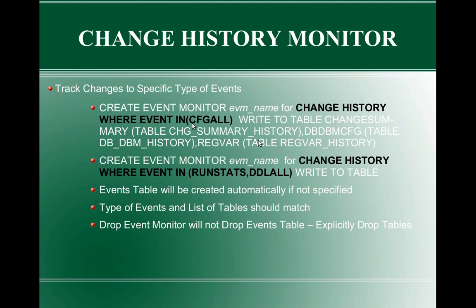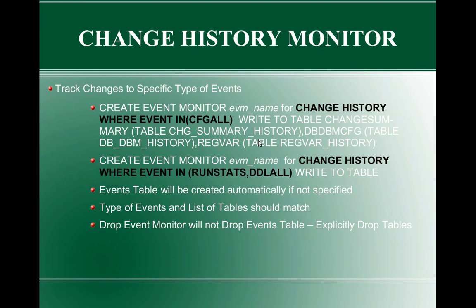Something like, see here we are saying CFG all, which means you have to give one table for the change summary, one table for DBDBM CFG, one table for registry variable changes. So for all these 3 tables you have to define. You cannot just ignore the regvar table. So what will happen if you ignore? It's not going to error or something like that.